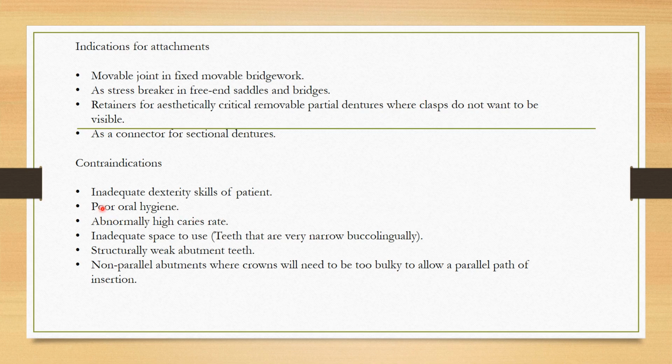Then poor oral hygiene, if the patient is not able to maintain it well, high caries index or rate, inadequate space to use, like very narrow buccolingual width beneath the teeth, weak abutment teeth structurally, and non-parallel abutments where the crown will need to be too bulky to allow the parallel path of insertion. There, these attachments will not work.